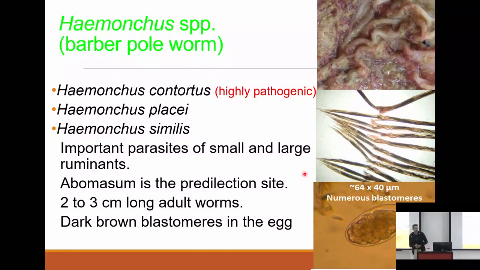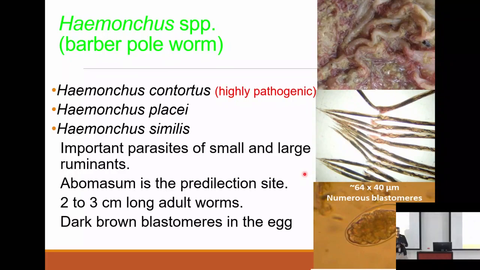Haemonchus has three most important species. Haemonchus contortus is highly pathogenic, followed by Haemonchus placei and Haemonchus similis. These are blood-sucking parasites of small and large ruminants, and the abomasum is the predilection site.